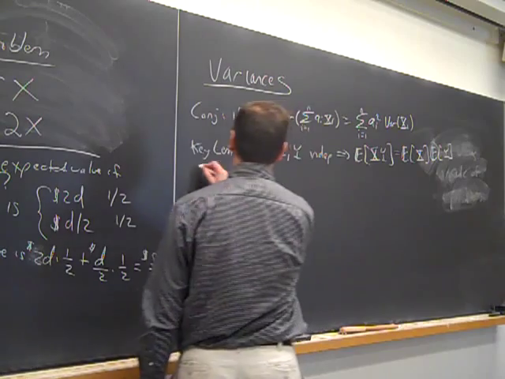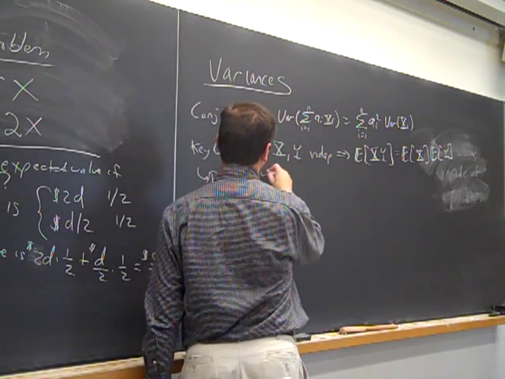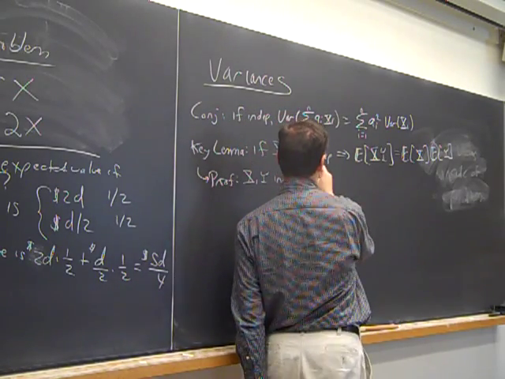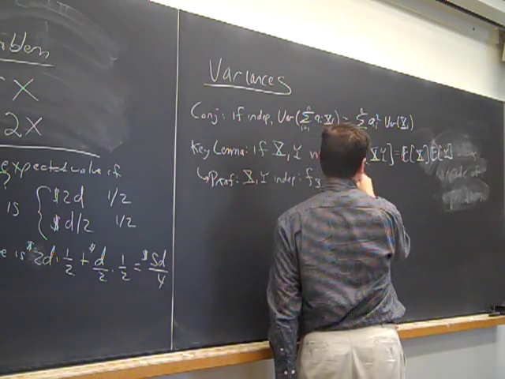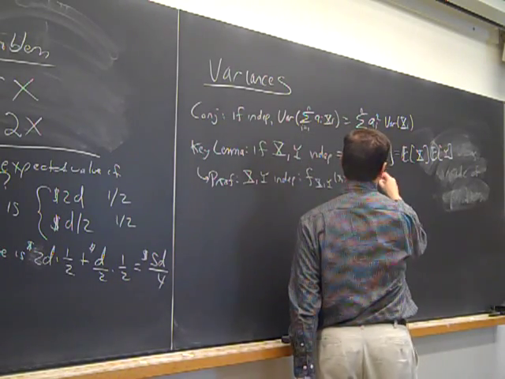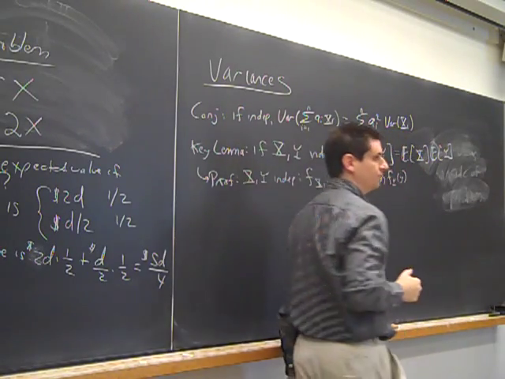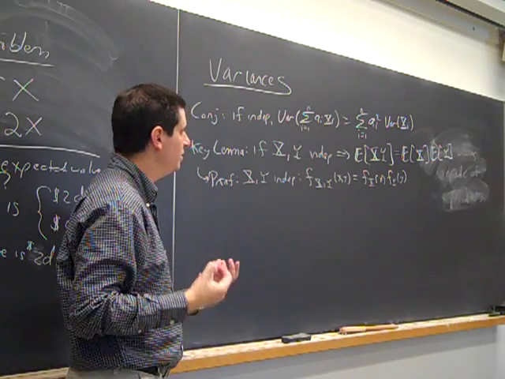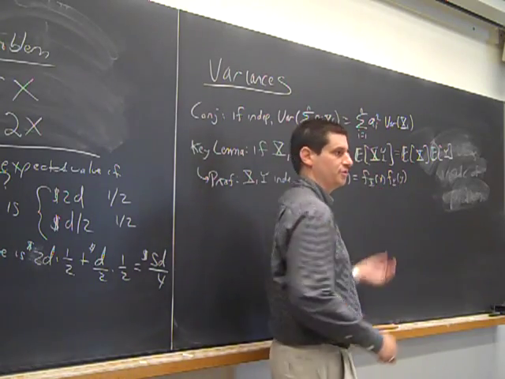And so remember, here's the proof. If x and y are independent, then the probability density f_xy factors as something in x times something in y. So if I have two independent random variables, the joint density function is just the product of each individual density function.